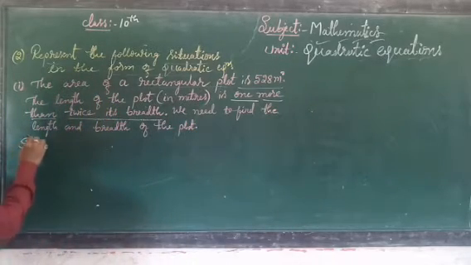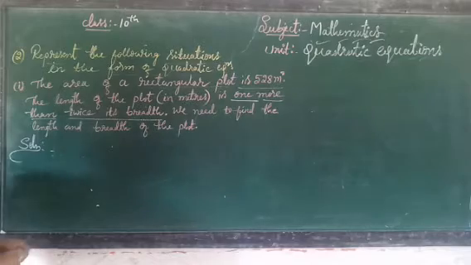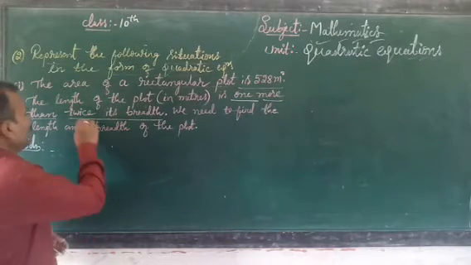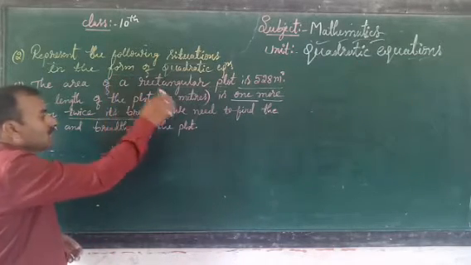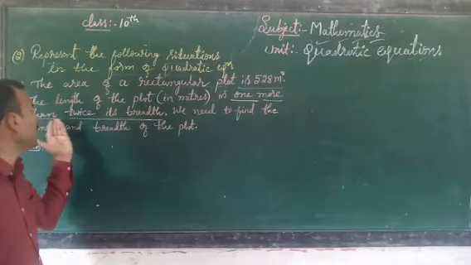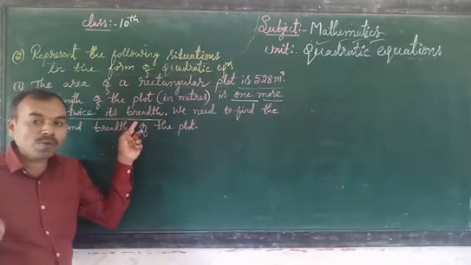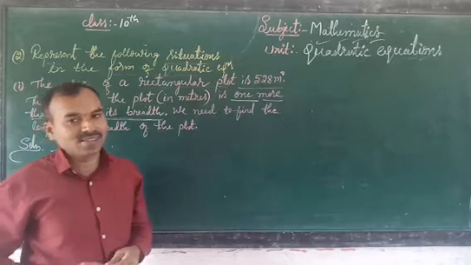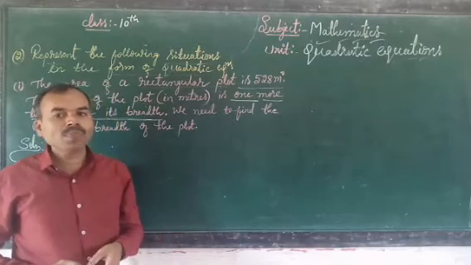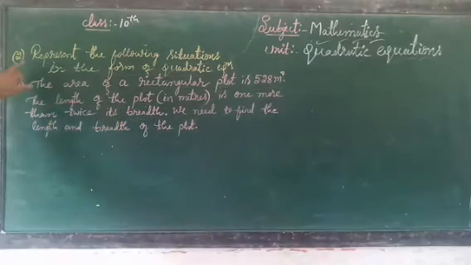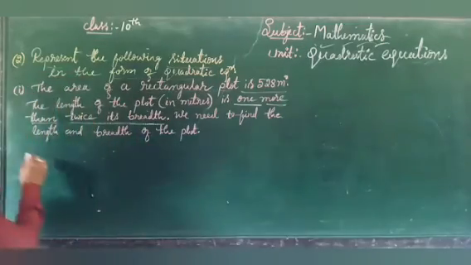Take down the solution. Length is given as 1 more than twice its breadth. What about breadth? Yes, we don't know breadth. So let us take the solution.